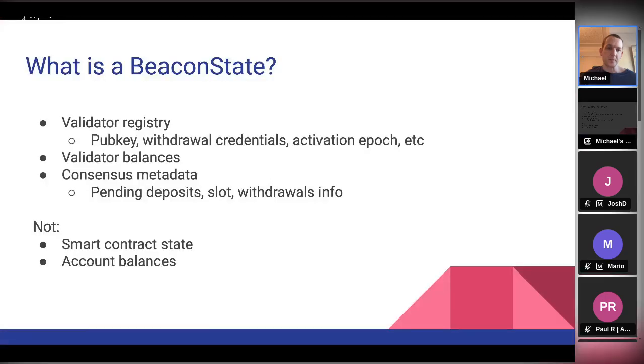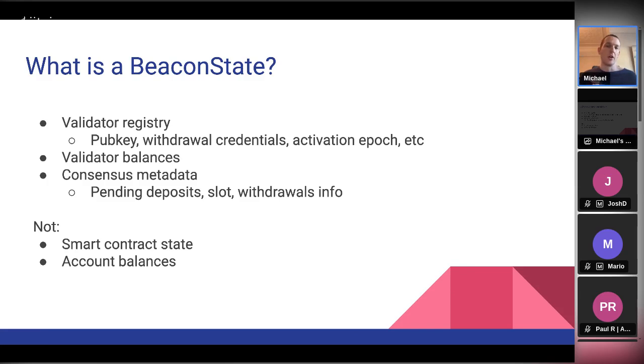The beacon state, just to remind you, is the state that's specific to the consensus layer, and it just includes things that the consensus layer needs. So it's all of the new stuff that was added in Ethereum 2.0 or during the merge, and none of the stuff like the smart contract state or the account balances. As a result, it's relatively compact.